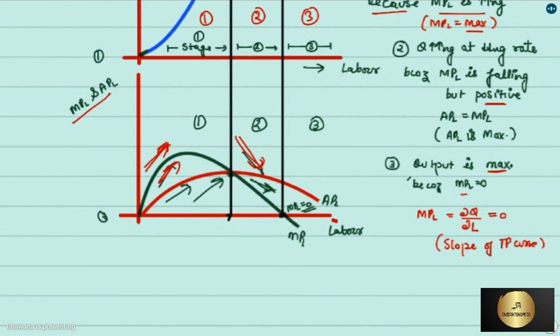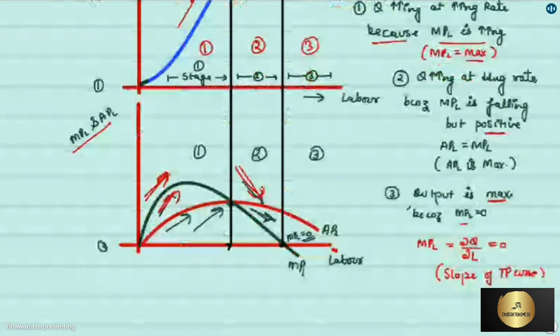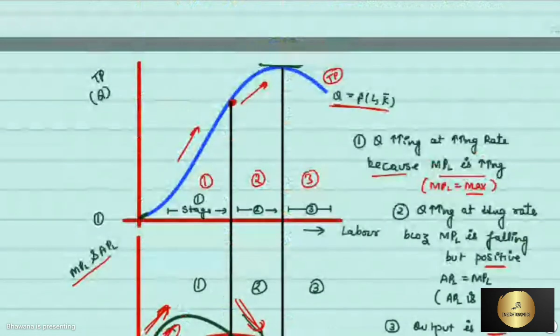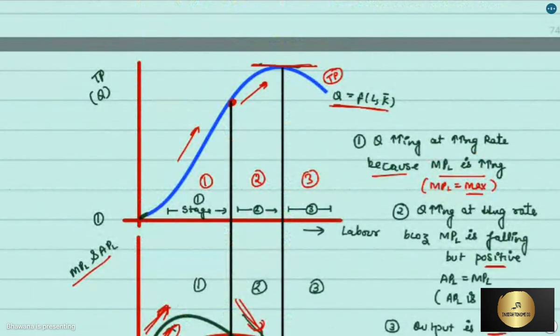Or slope of production function. MPL is the slope of production function with respect to labor. So when your MPL is 0, your slope is also 0. Okay, this tangent line, this TT dash represents this tangent line, and at this point your slope is 0.